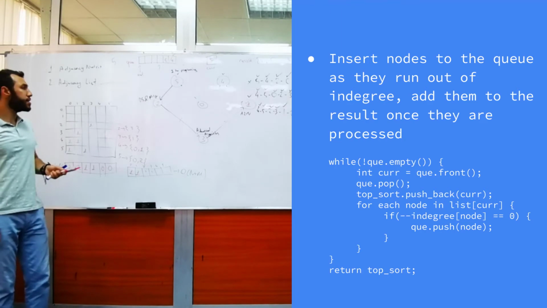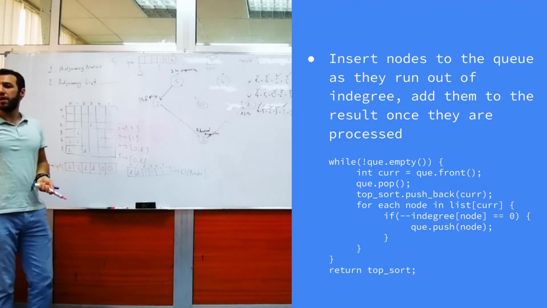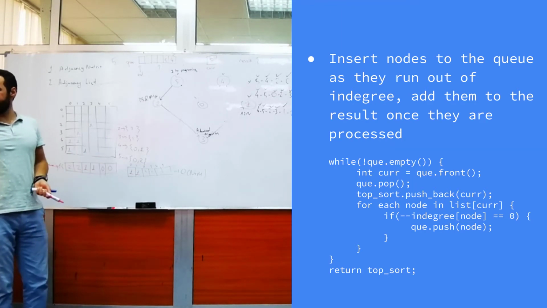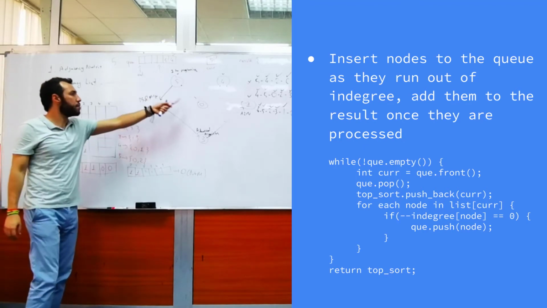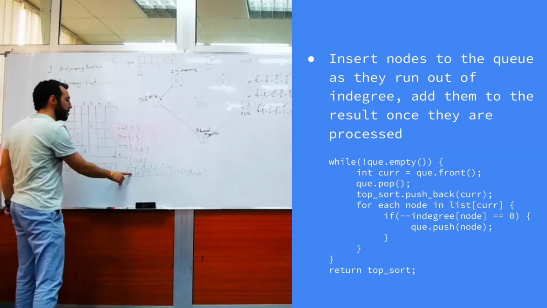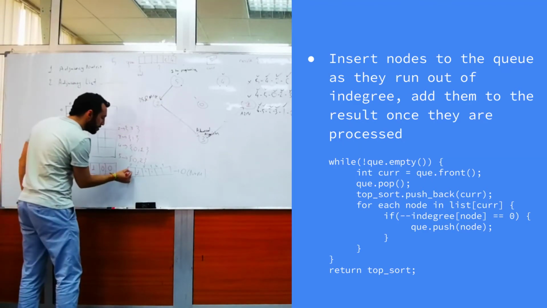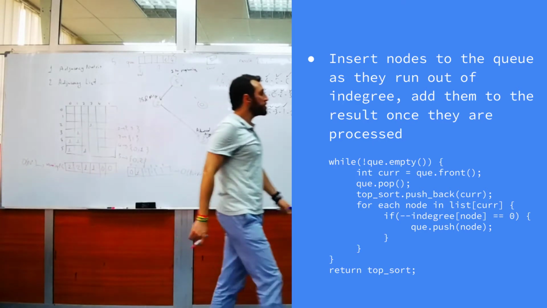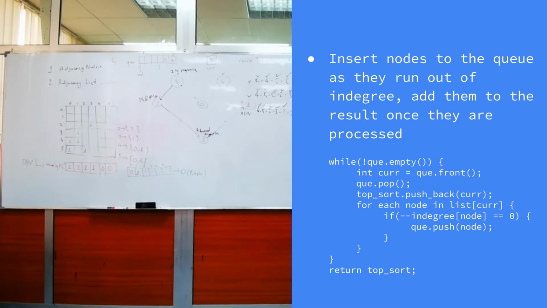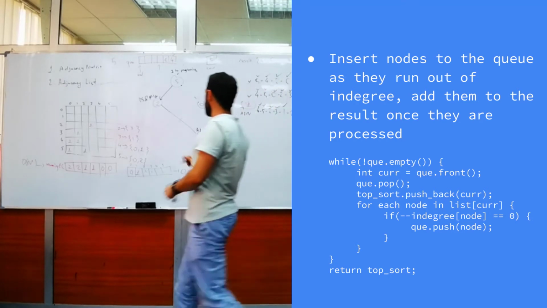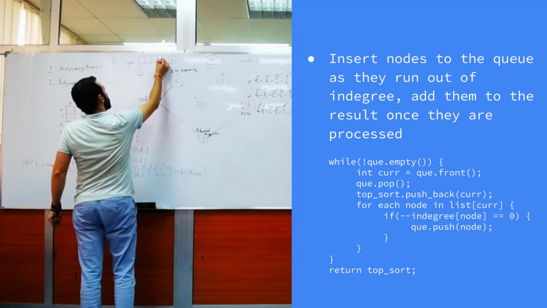Once we do that, what happens in my in degree array? We decrease the incoming edge count for 0 by 1, and now this is down to 0. What happens when it is down to 0? It's pushed into the queue. Therefore, I will have the 0 over here, right?